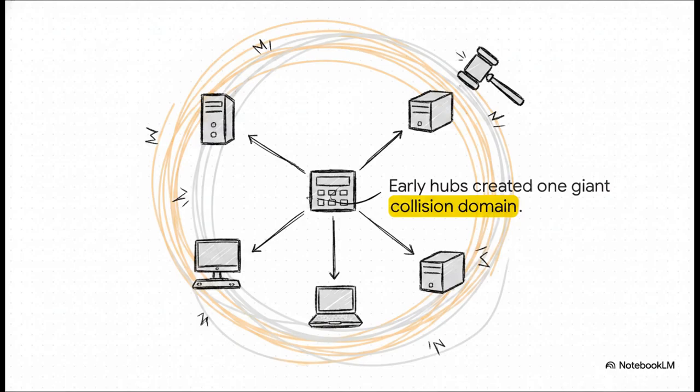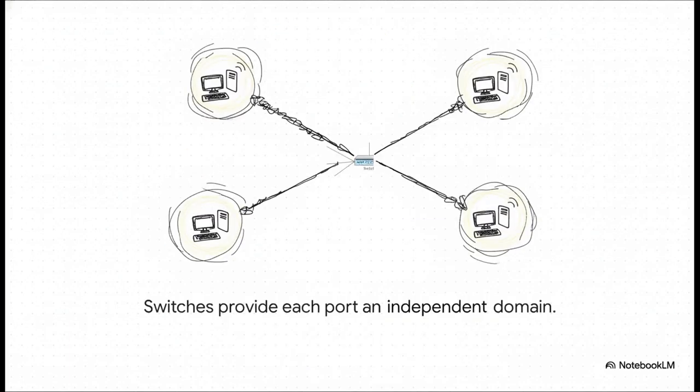If one computer sent a frame, the hub blindly copied it to every single other connected computer. That meant every single device on that hub was stuck in one giant collision domain. Everybody shared the exact same wire capacity, and those CSMA/CD rules we talked about were just constantly working overtime to prevent crashes.